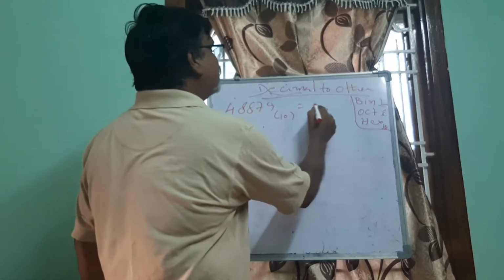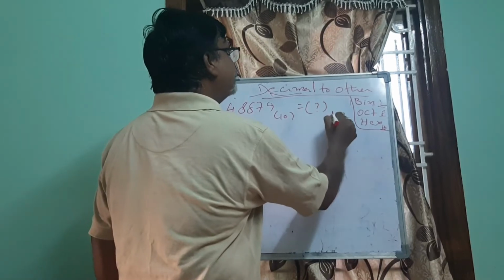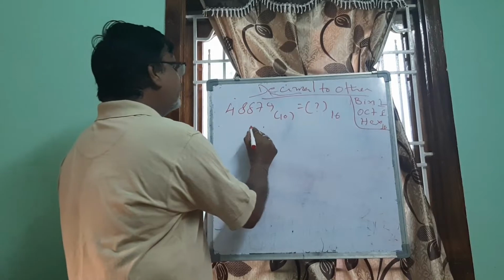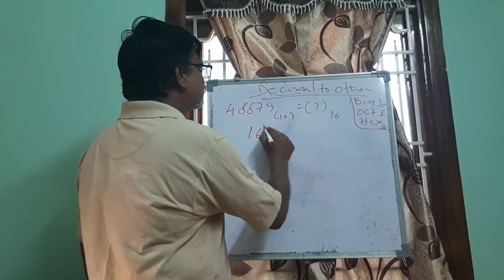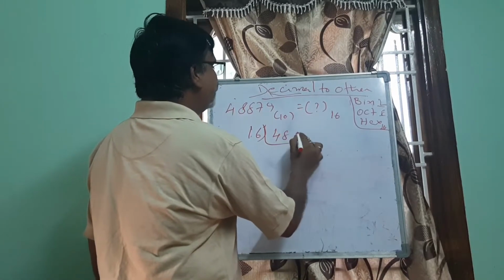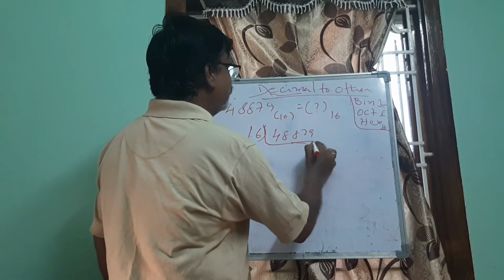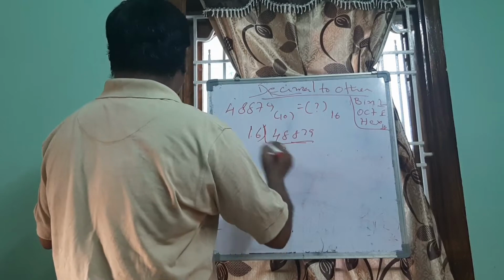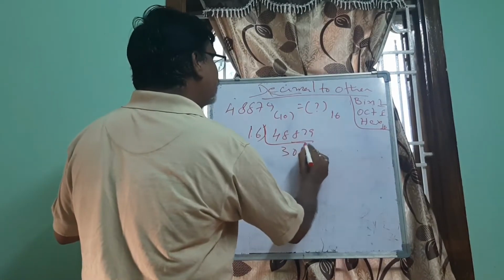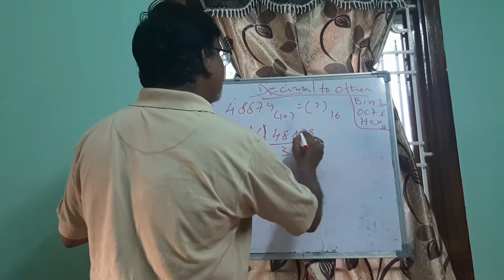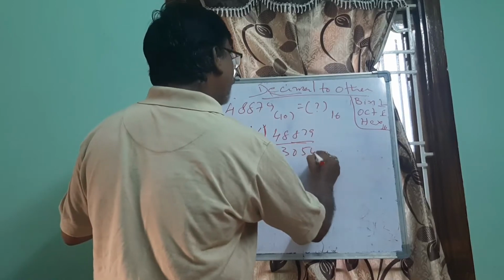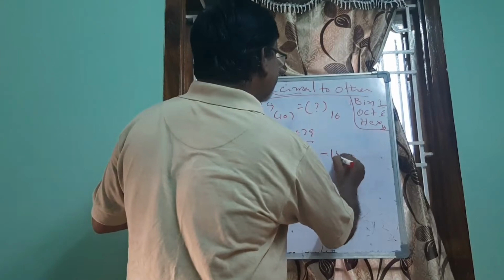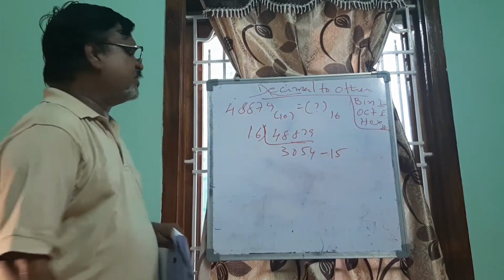We are going to convert this into base 16, hexadecimal. So you will divide 48,879. So 16 threes are 48. Then 0 here, 16 fives are 80, and then 79, you get 16 fours are 64. Then you will get remainder as 15.